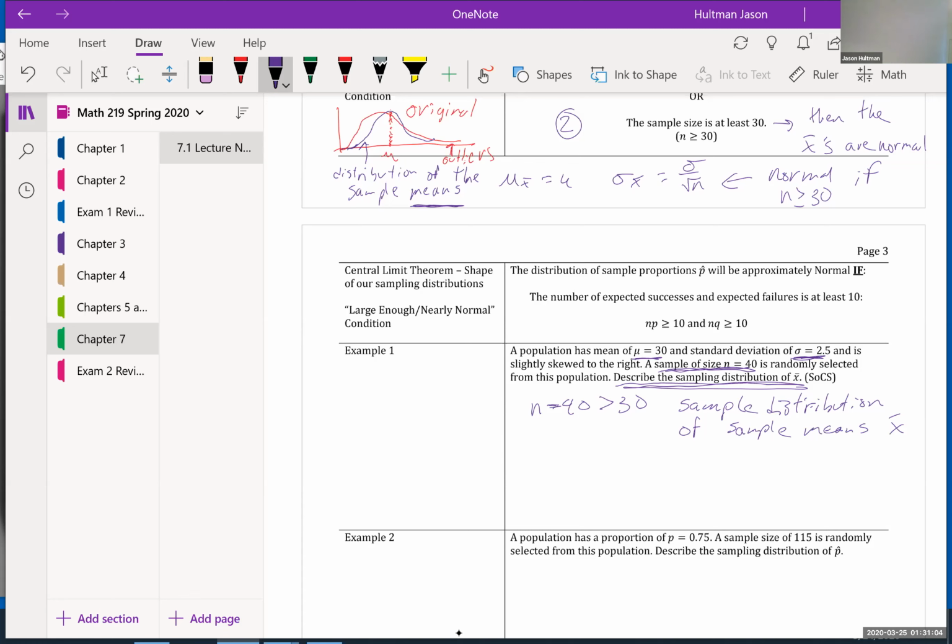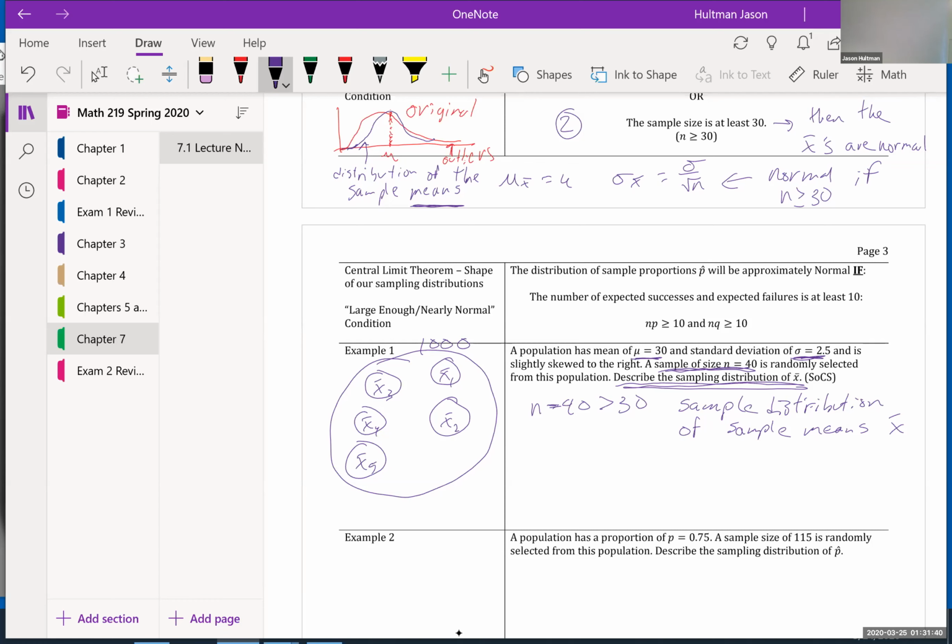Again, what I'm doing here is, out of, say, a population of maybe 1,000, we're taking a sample of 40 and finding the average. We're taking another sample of 40 and finding the average. And we keep doing that, and we're getting all of these averages.